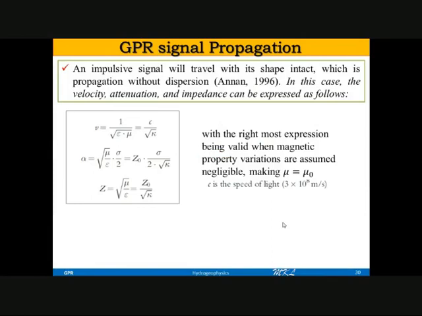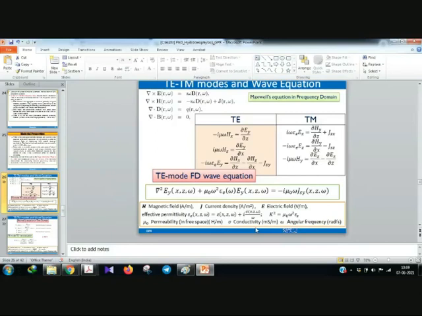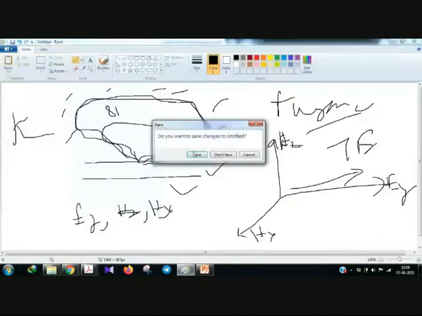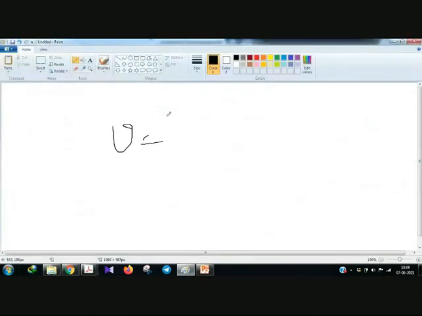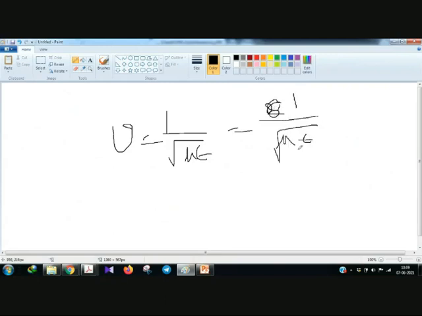Now, in GPR signal propagation, you know V equals 1 by root over mu epsilon, which can be written as C by root K, where kappa is your relative permittivity. This can easily be done. V equals 1 by root over mu epsilon, which can be written as 1 by root of mu epsilon naught times kappa, and that epsilon naught you can write here.